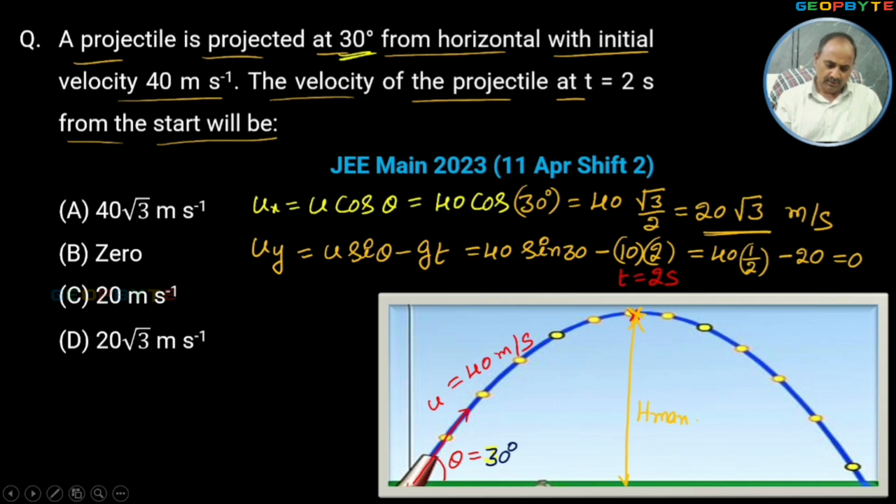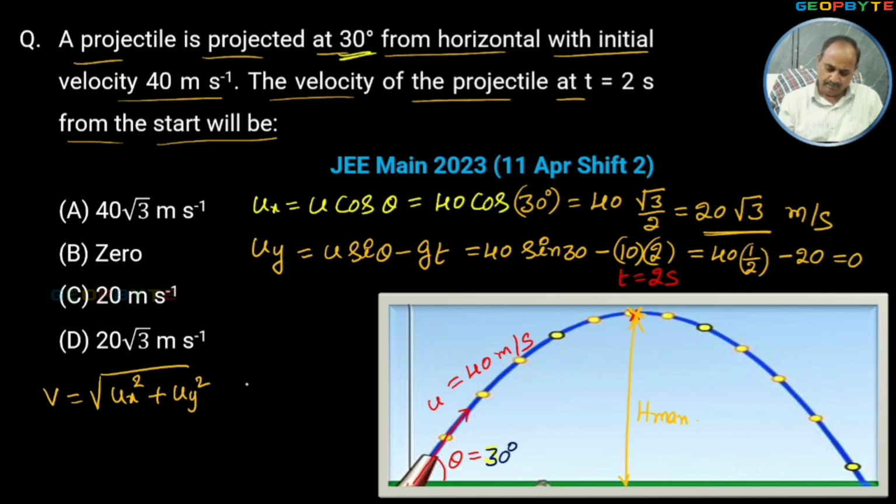Okay. Now you are asked to decide what is the resulting velocity. Resulting velocity v equal to root over ux square plus uy square. Anyhow, here uy is 0.